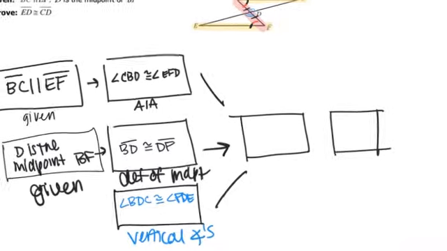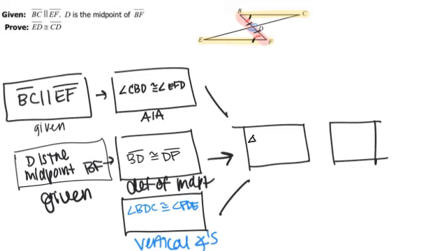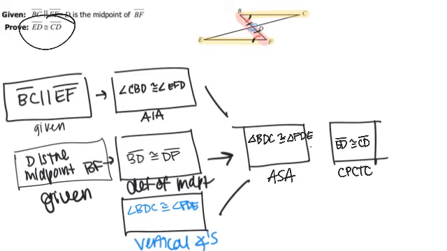Now that we have three things marked, we can say the triangles are congruent. So triangle BDC is congruent to triangle FDE, and that's going to be by angle side angle. And then we end with our proof that ED is congruent to CD by CPCTC.